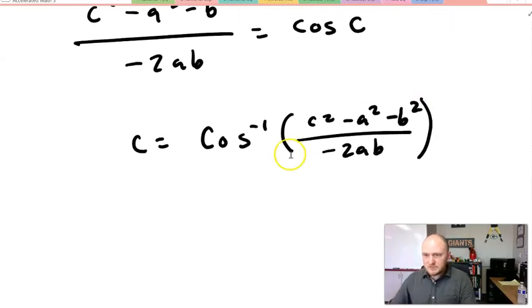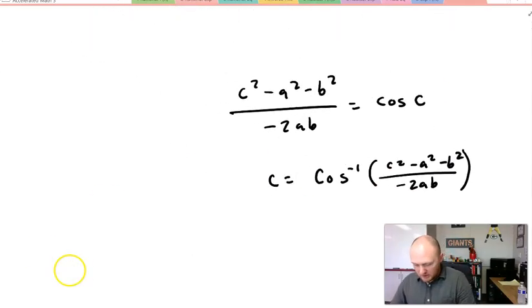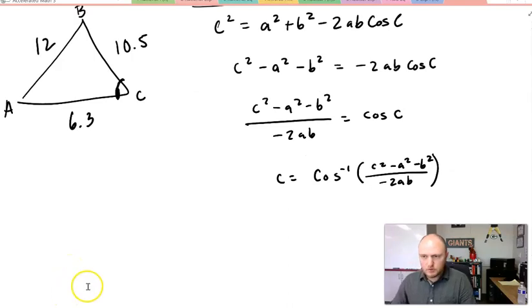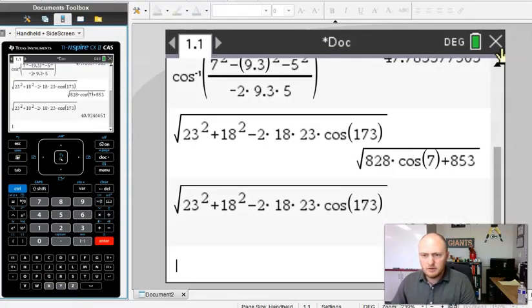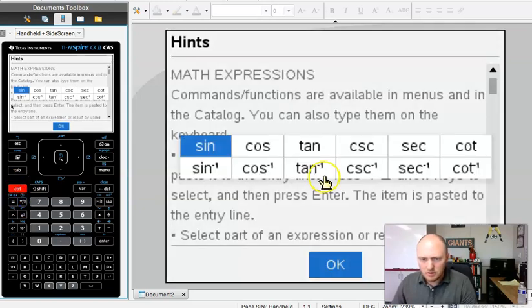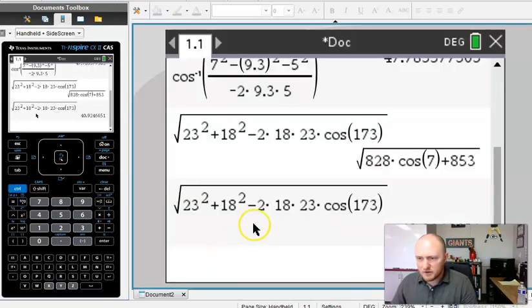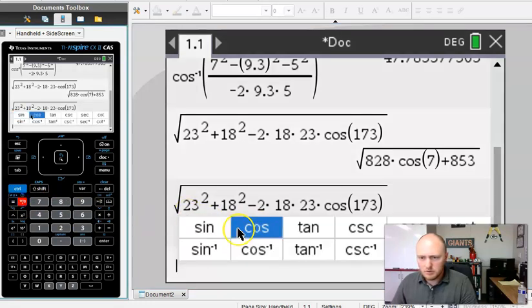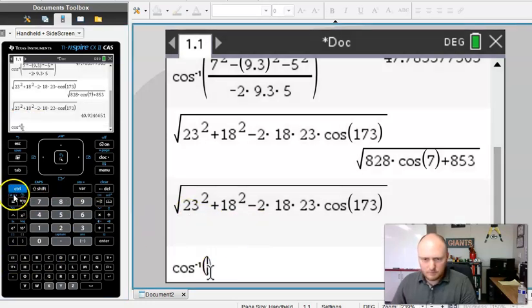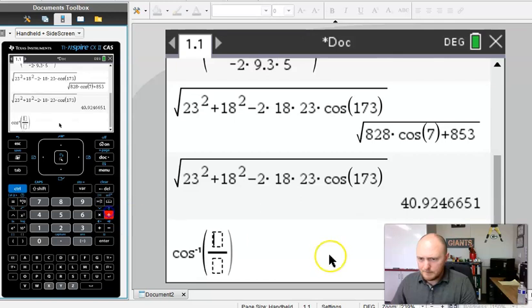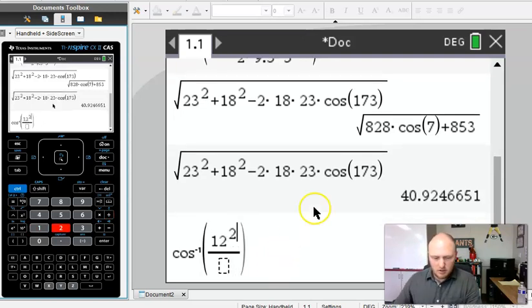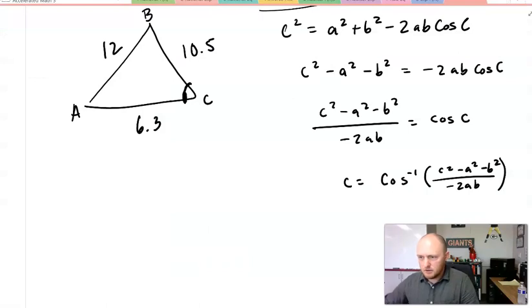So let's plug those values into our calculator here. We want cosine inverse, and I want C squared, which is 12. Oh yeah, I never plugged these values in.